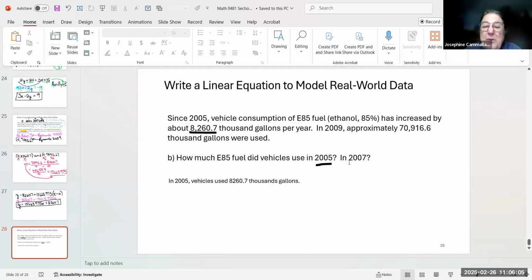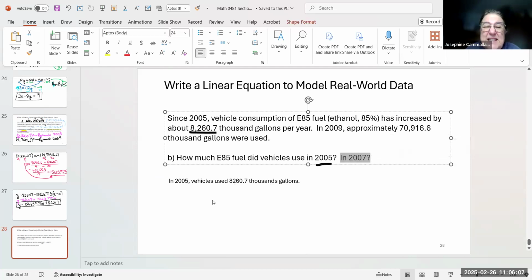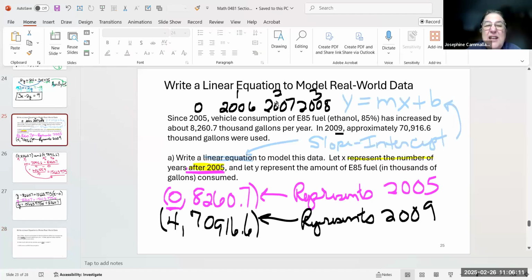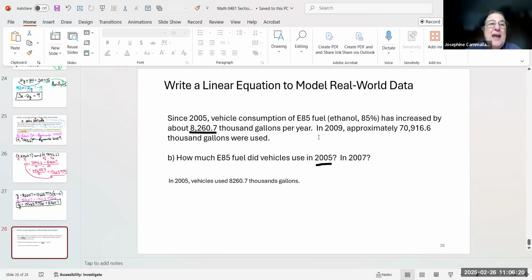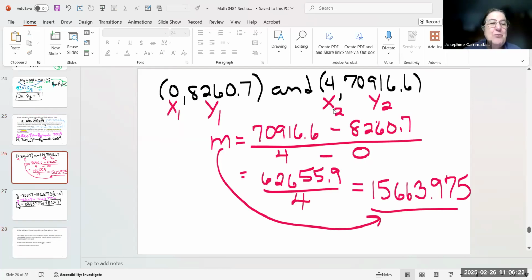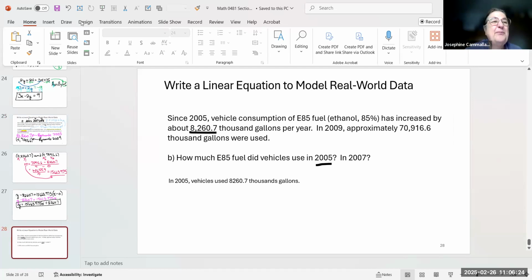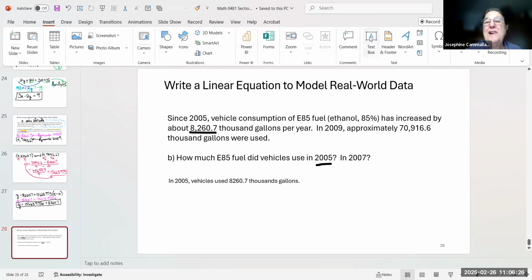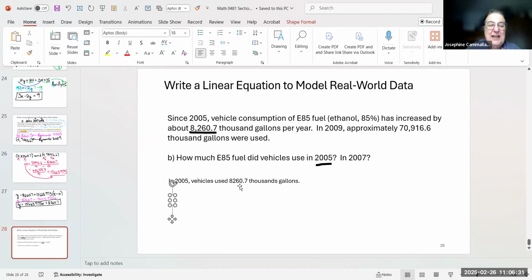But then they want me to do 2007. Well, remember, 2007 was my year 2. That means my x is 2. So that means I am writing the equation in 2007.